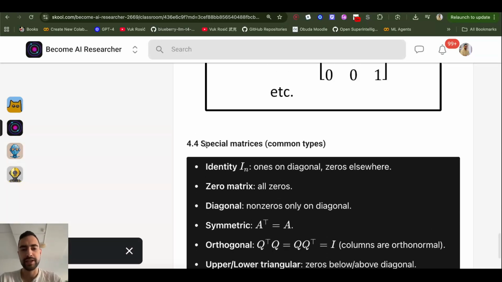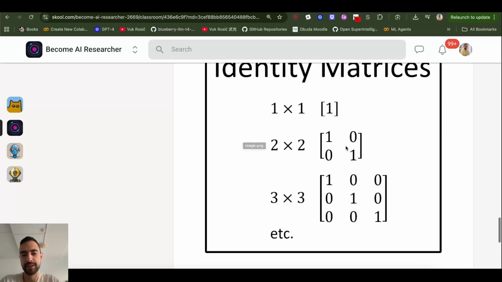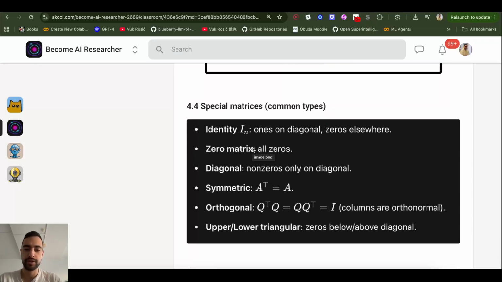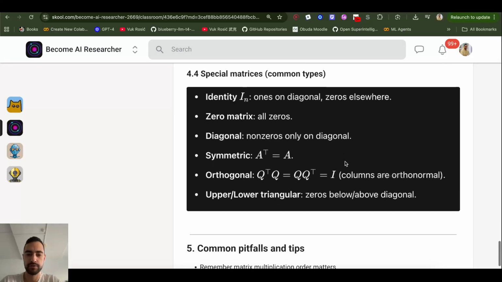So here we have special types of matrices. Identity matrix, ones on the diagonal, zeros elsewhere, is what I just explained. Zero matrix is all zeros. A diagonal matrix has non-zero numbers on the diagonal, so any numbers on the diagonal, not just ones, and others are zero. Symmetric matrix is where the transpose is equal to the matrix.